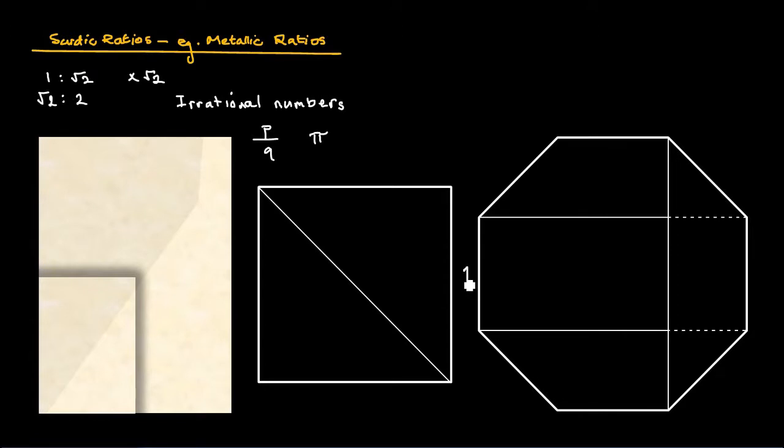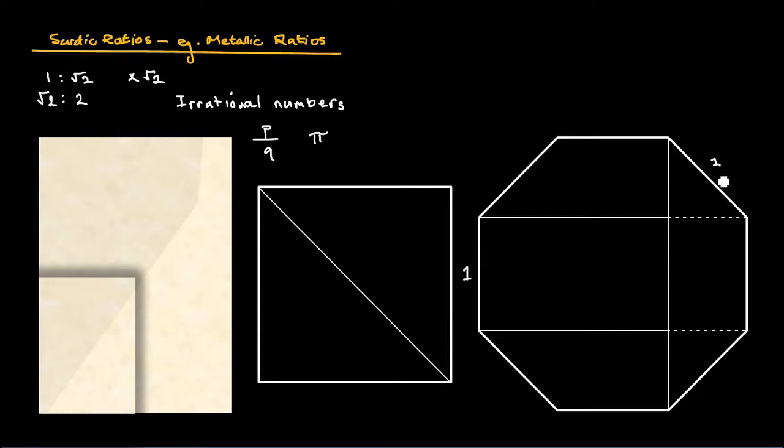If I call this 1, then we can work out what this side length is going to be, and it's not going to be root 2. It's going to be close, but it's going to be different. Let's see what exactly it has to be. So if this is 1, then all the sides must be 1, so this must be 1 as well. So here we've got a side length of 1.